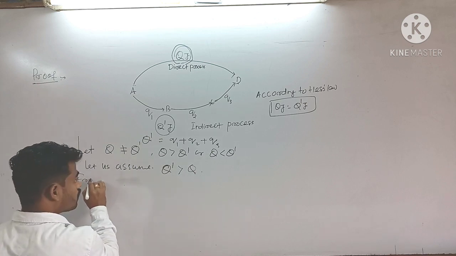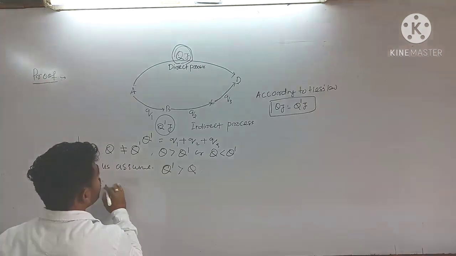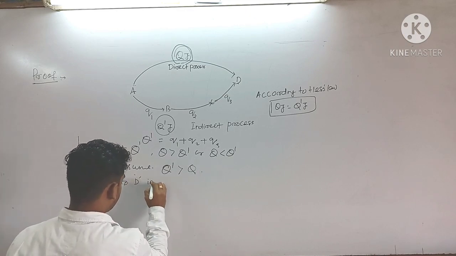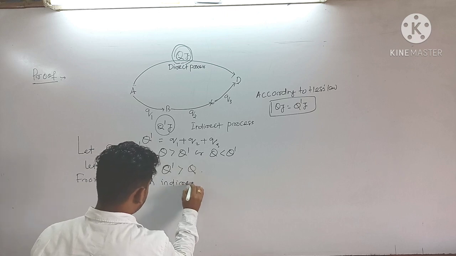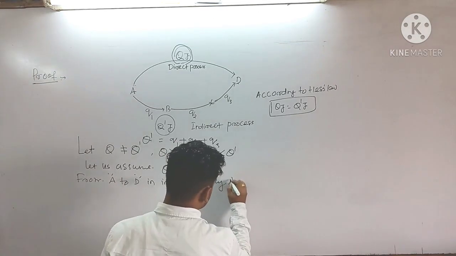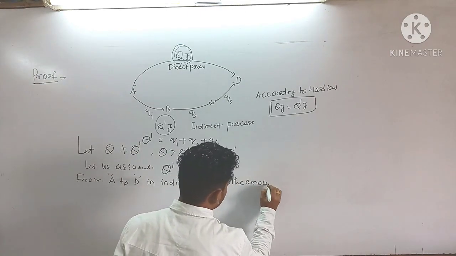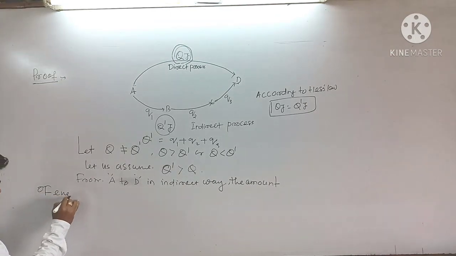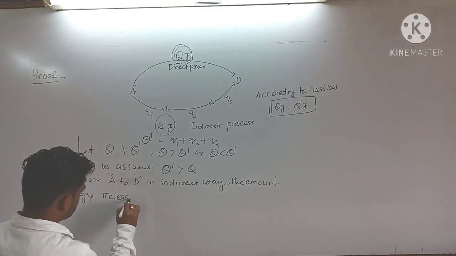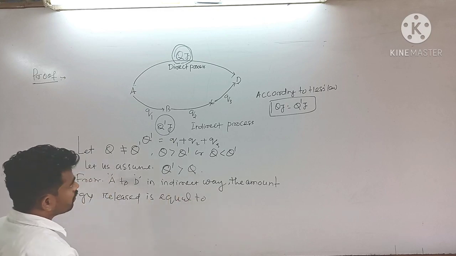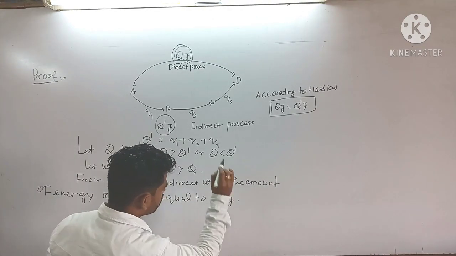So from A to D, in indirect way, the amount of energy released is equal to Q dash joule.